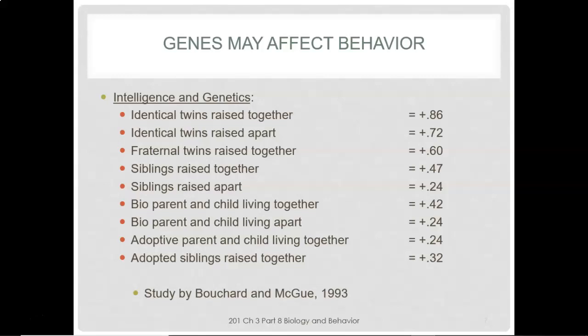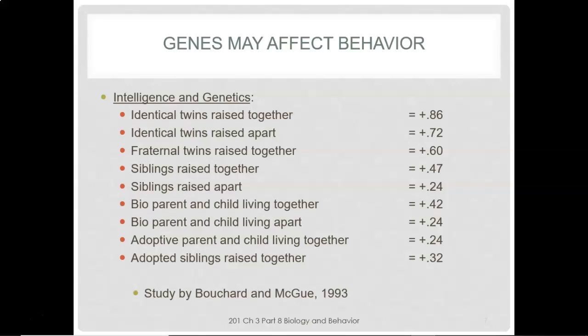There was a study by Bouchard and McGue in 1993 looking at intelligence and genetics. Here's what they found. Identical twins raised together, the correlation coefficient was positive 0.86. That's a strong correlation.